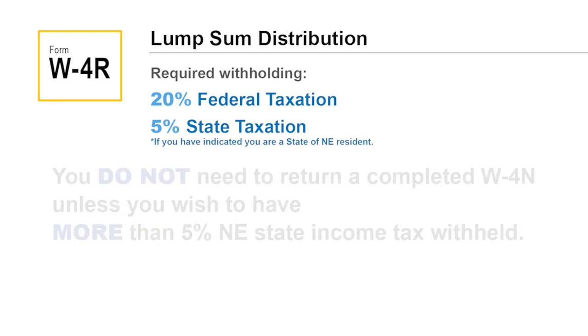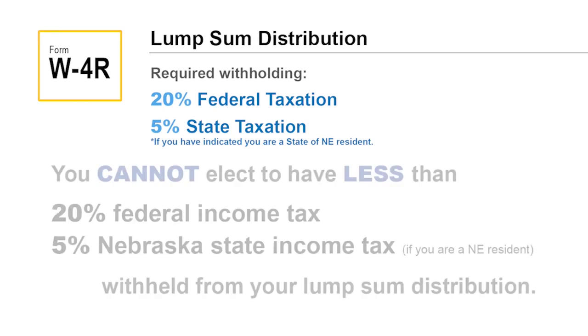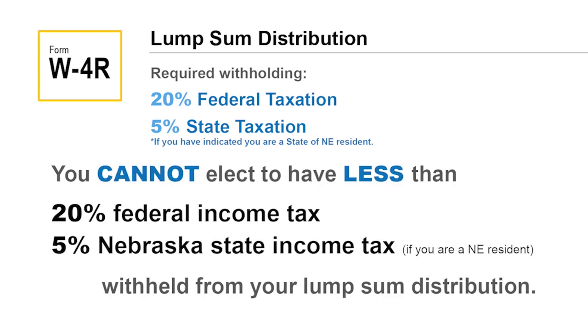You do not need to return a completed W-4N unless you wish to have more than 5% Nebraska state income tax withheld, or you wish to claim exemption from Nebraska state tax. You cannot elect to have less than 20% federal income tax withheld from your lump sum distribution, and unless you can claim exemption, you also cannot elect to have less than 5% Nebraska state income tax withheld.